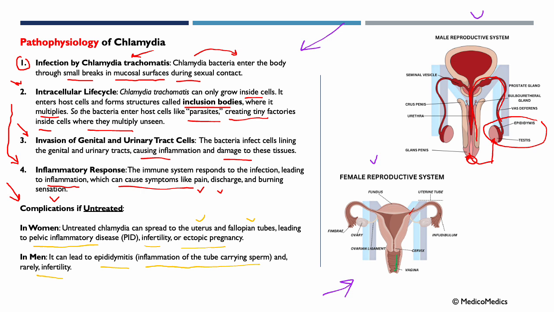And the same potential complication, like seen for women, can actually occur here as well. So if it ascends and leads to this inflammatory process, same as we discussed in the female reproductive tracts, we can then have scarring in the epididymis, then leading to infertility, for example, or the risk of infertility.